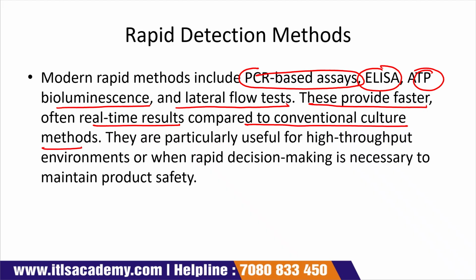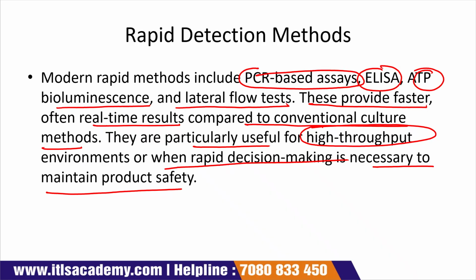Real-time result means that if you do a test by a rapid detection method on Monday, you will get the result on the same day, same time. It is very fast as compared to the conventional culture method, which takes around 48 hours. They are particularly useful for high throughput environments or when rapid decision making is necessary to maintain product safety.